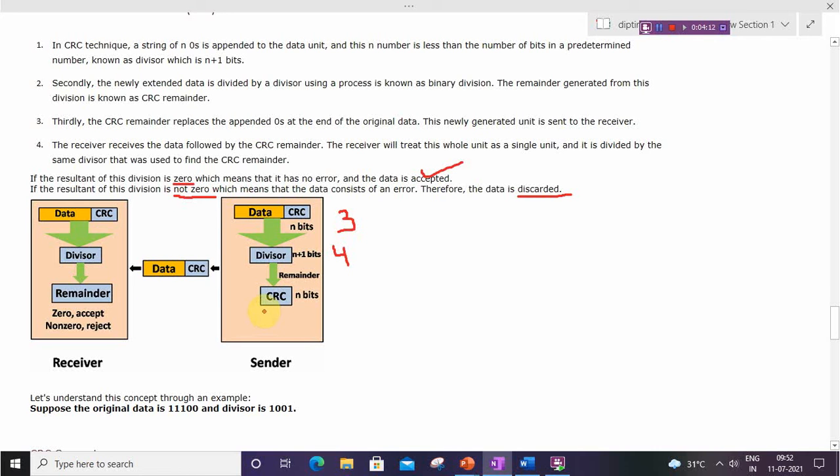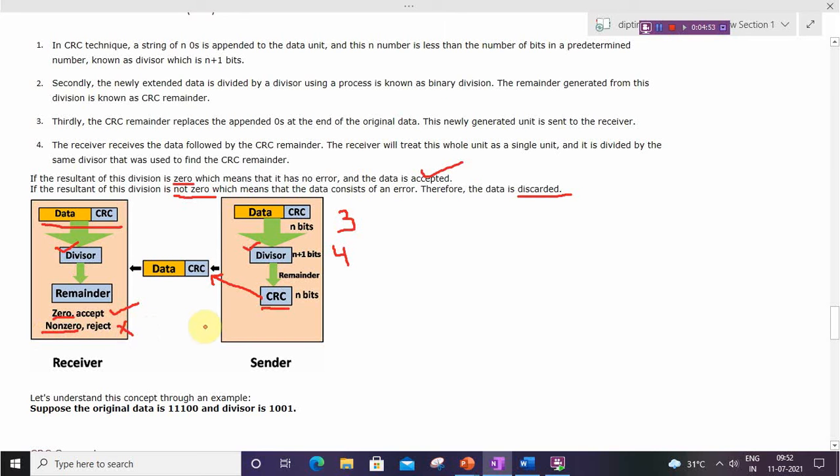The remainder is known as the CRC remainder, which will also be of n bits. Then this CRC is added to the data unit and sent to the receiver. The receiver accepts this data plus CRC as a single unit and divides it by the same divisor. If the remainder is 0, it will accept the data. If the remainder is non-zero, it will reject the data.